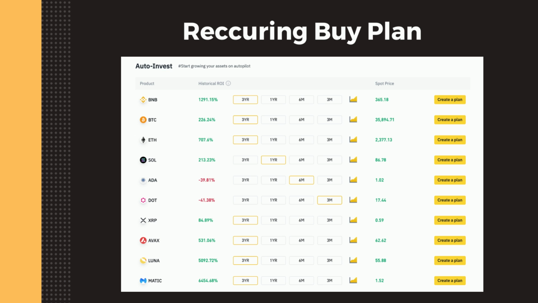If you look at BNB, BTC, Ethereum, XRP, AVAX, Luna, or Matic, if you create a plan based on a 3 years time frame, you can see how much interest it is going to give you. And for example, if you look at Solana, over a 1 year plan, it also gives you a good percentage return.